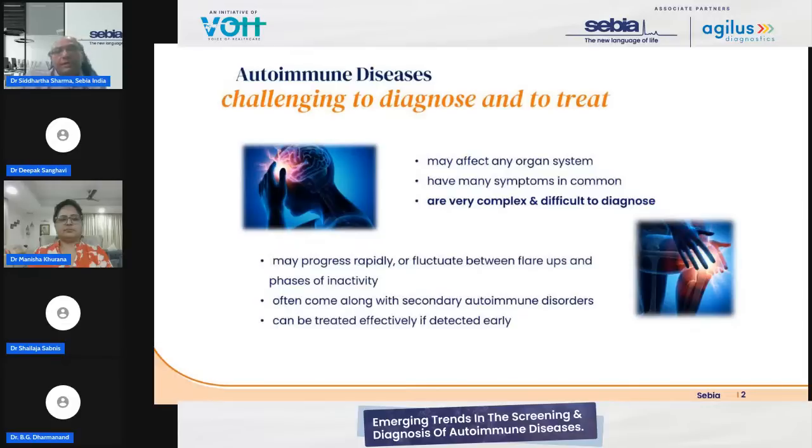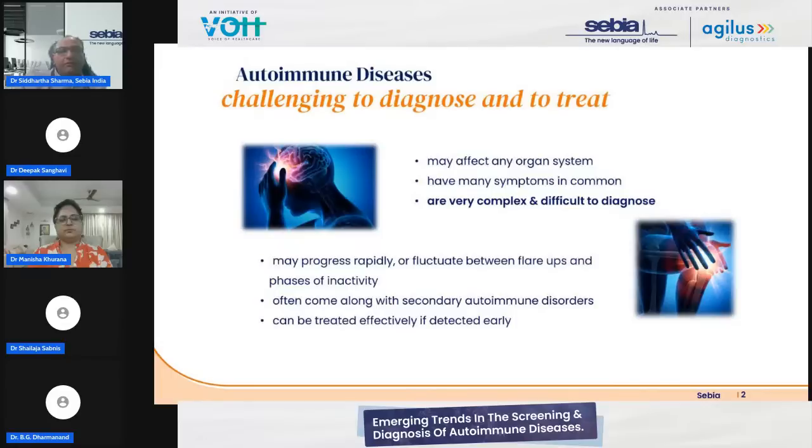Also, importantly, what a laboratorian and a clinician should understand is that they may progress rapidly or fluctuate between flare-ups and phases of inactivity. So the timing of the test for autoimmune disease is quite important, because that can lead to a lot of variations in the antibody levels, whether it has been sent at the time of a flare-up or at the time of inactivity, what we call the quiescent phase.